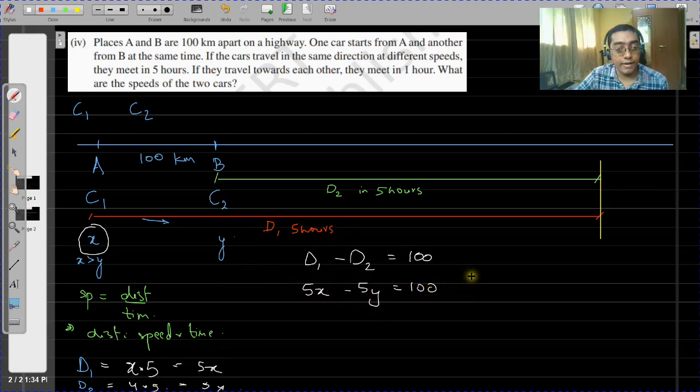So there you have the first equation. And from this equation we can make it even simpler. Divide both sides of the equation by 5.